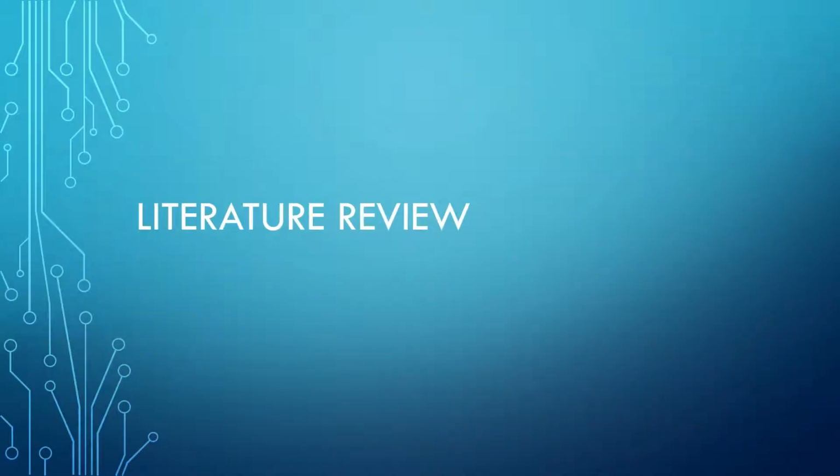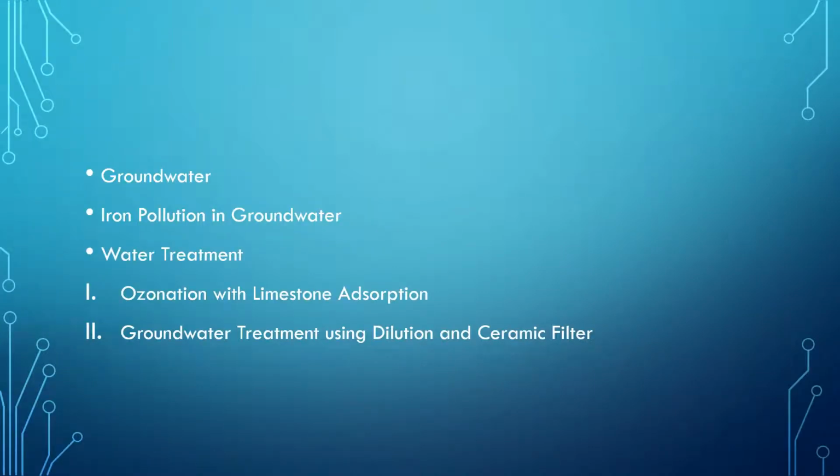Okay, for the next part is the literature review. We did some research about groundwater, iron pollution in groundwater, water treatment, ozonation with limestone absorption, and groundwater treatment using dilution and ceramic filter.